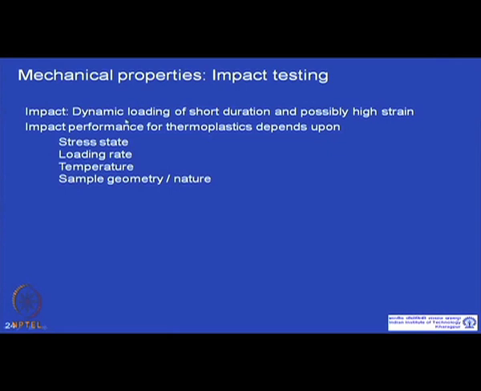Impact testing is a dynamic load of short duration at a very high strain rate, and the performance of a thermoplastic or plastic material depends upon the stress rate. It depends upon how you apply the stress, the loading rate, the amount of force, temperature, sample geometry, and the nature of the sample, of course.